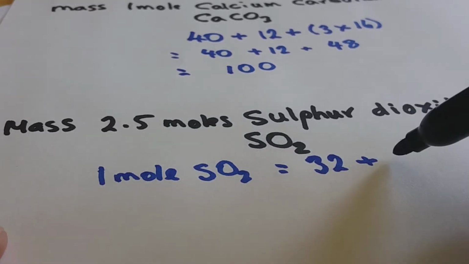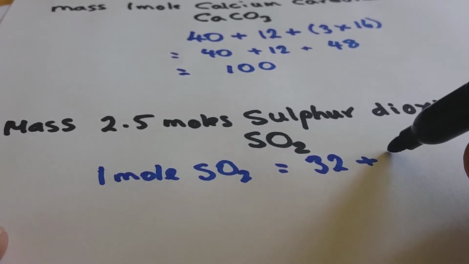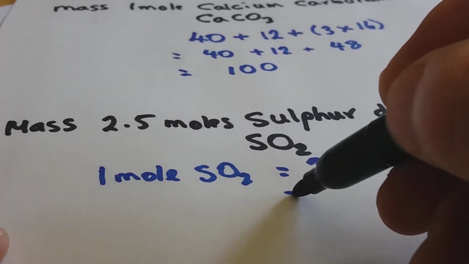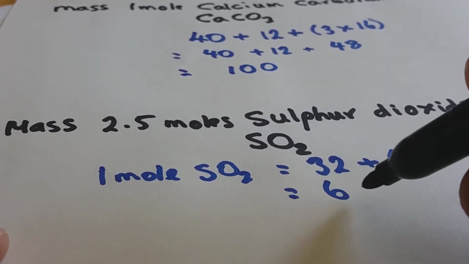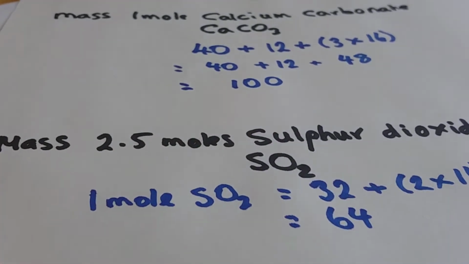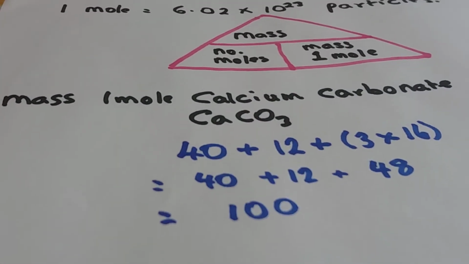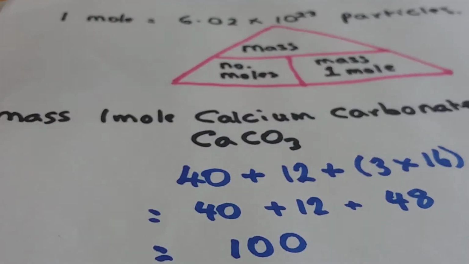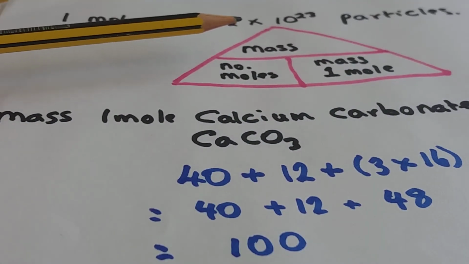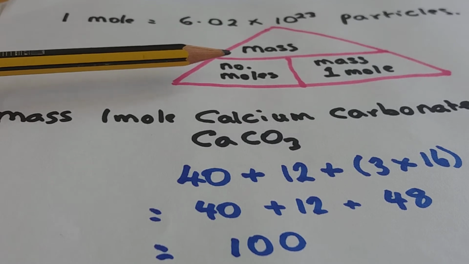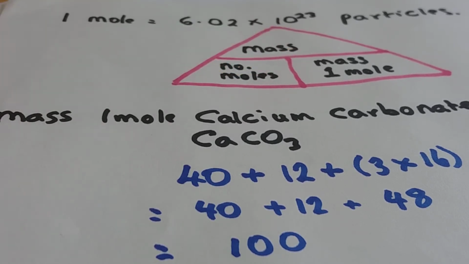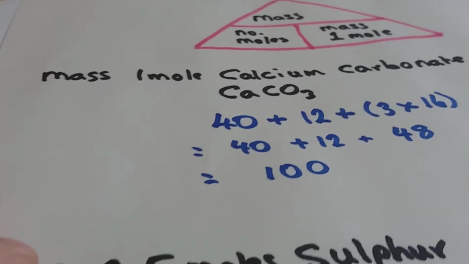Oxygen we know is 16, and there are 2 oxygens, so it's 2 times 16. That comes out as 64. Now, if we look at our equation at the top here, what we want is the mass. So the mass will equal the number of moles. In this case, we're told it's 2.5 times the mass of 1 mole, which is 64.